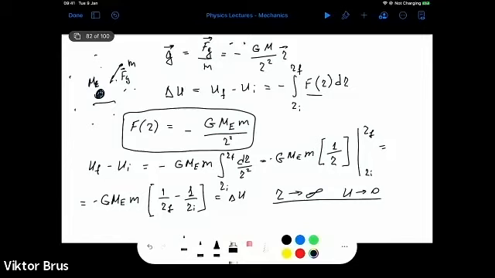So then we can write the potential energy as a function of R is equal to minus capital G, mass of the Earth times mass of the object, divided by R. So this is the equation which describes potential energy of gravitational field when we have, for instance, Earth, which creates gravitational field around it, and locate certain object with mass m in this gravitational field at the distance r from the center of the Earth.